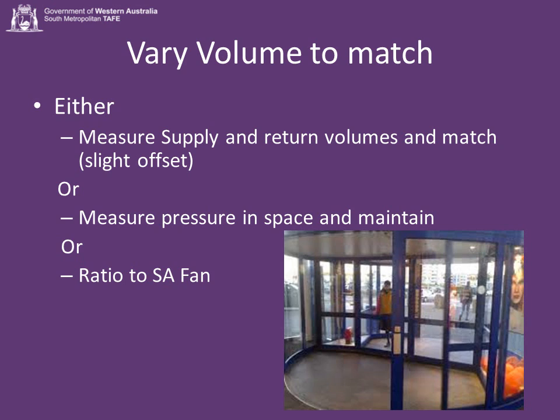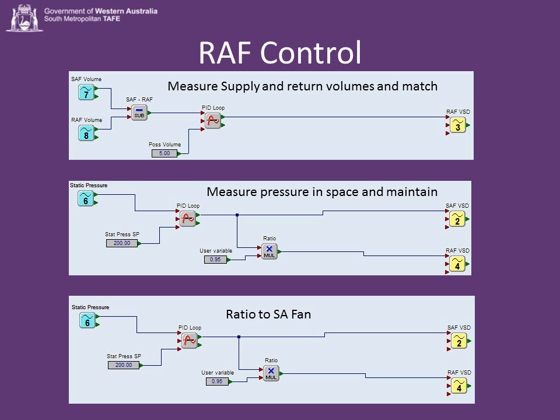Another alternative is simply to ratio the two fans so that you run the supply air fan at say 98% and you ratio the return air fan to say 96%. So here are function block diagrams for those three different ways of controlling. As you can see, they're function blocks, nothing too complicated there really.